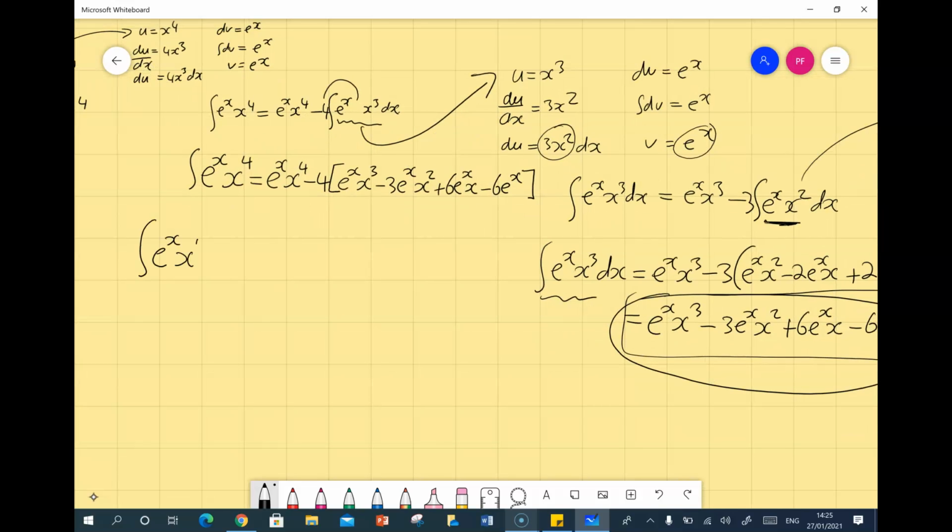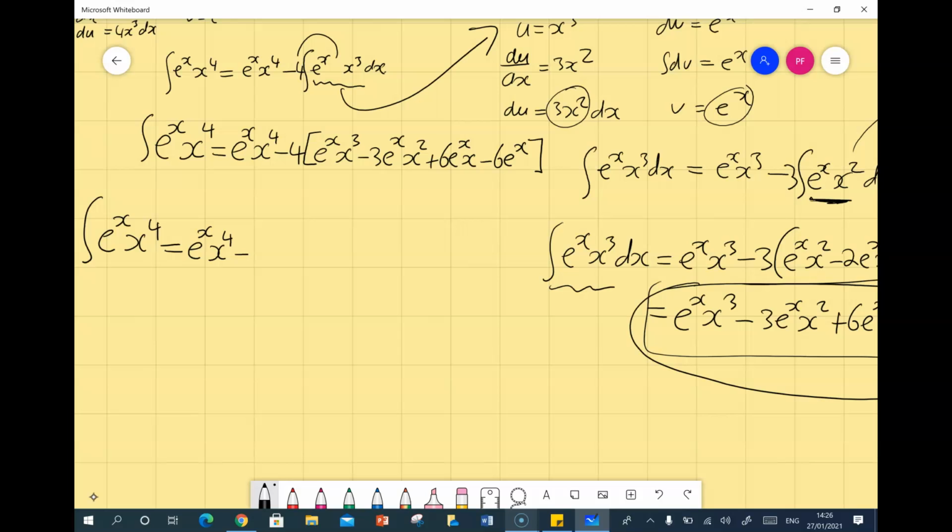So the integral of e to the power of x, x to the power of 4 equals e to the power of x, x to the power of 4, minus, multiplying my 4 in across that bracket, minus 4e to the power of x, x cubed, plus 12e to the power of x, x squared, minus 24e to the power of x times x, plus 24e to the power of x.